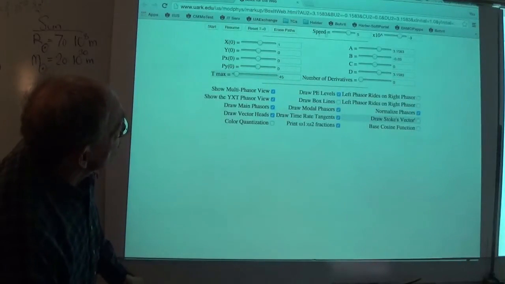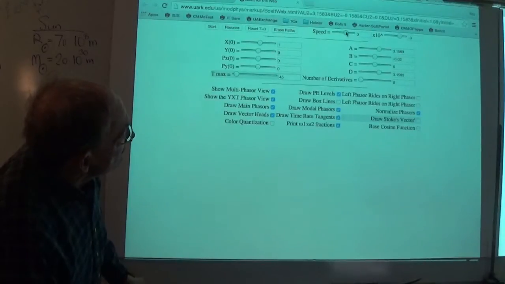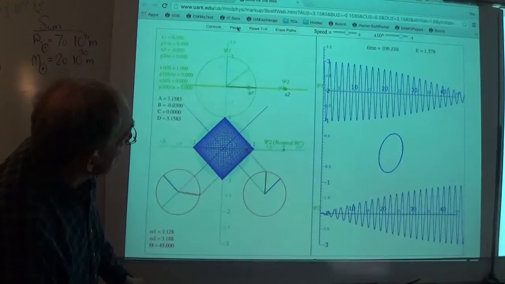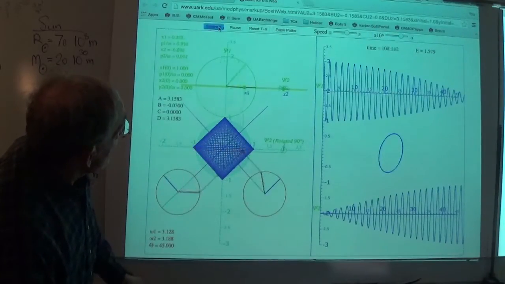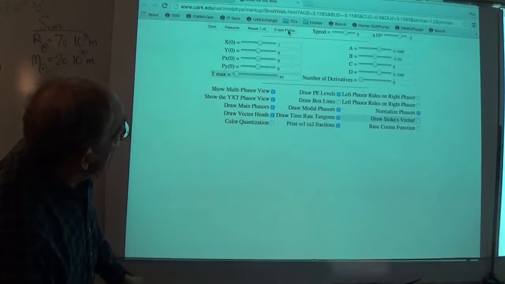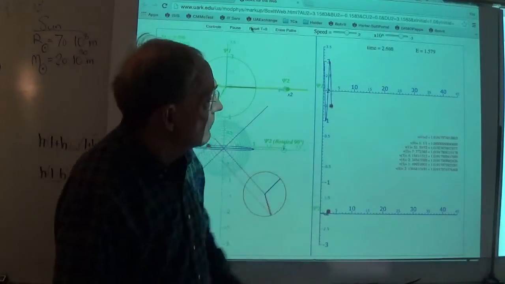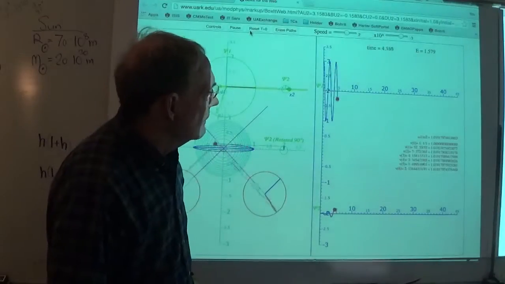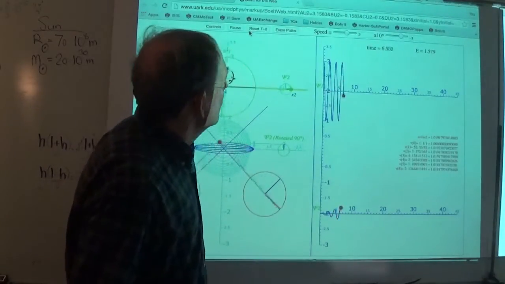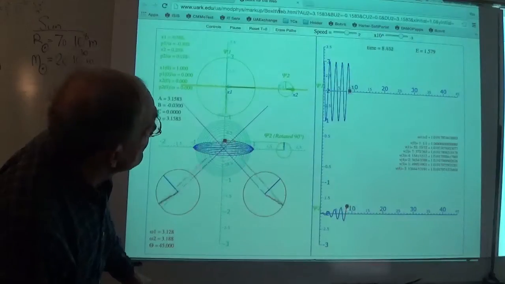I also am going to slow things down a bit here to make this work. Let me just bring the speed down by a factor of 2, see if that works. Okay, now I'm going to erase the paths. I'm going to reset time equals 0. There we go. And we're going to go ahead and print, and let me see if those are even the right numbers that I want. It looks like it's not.